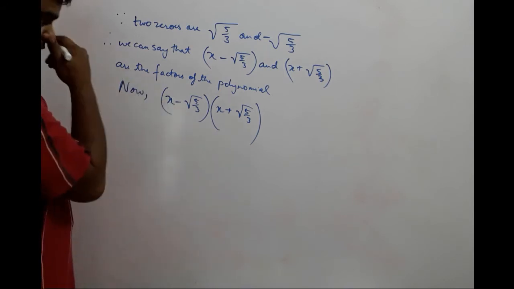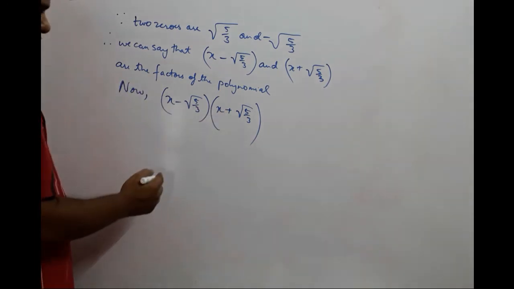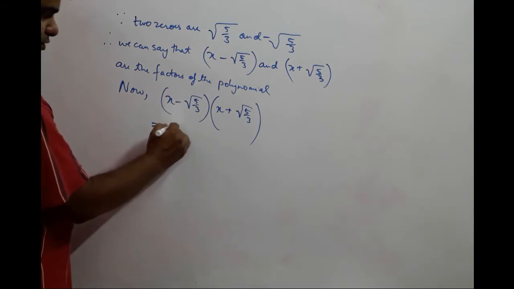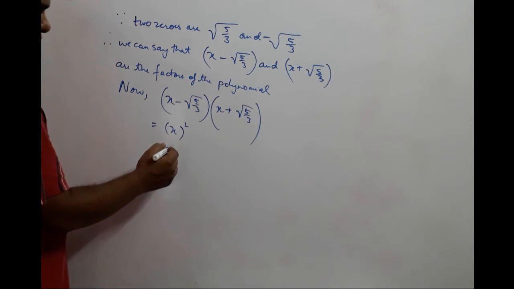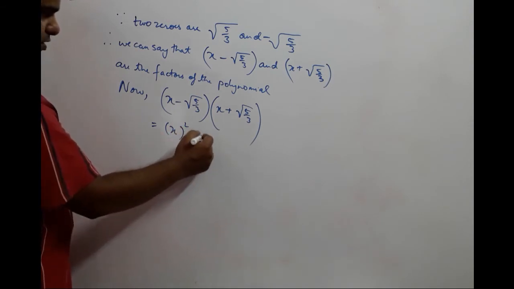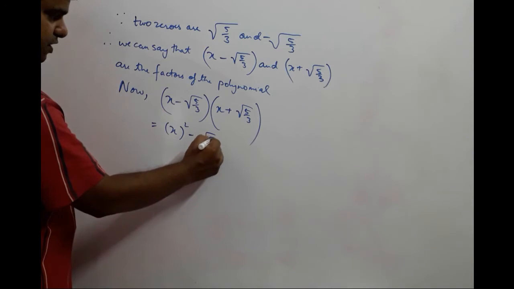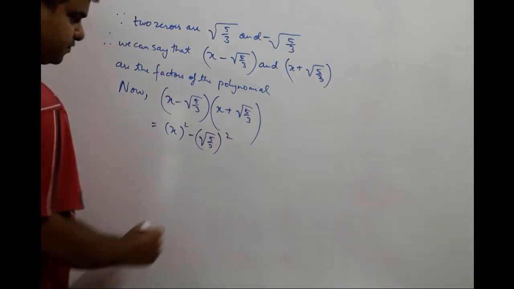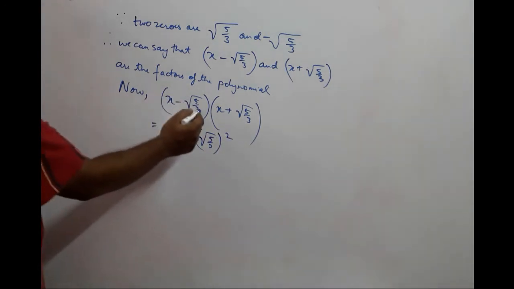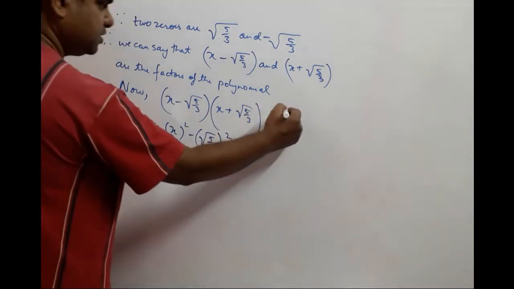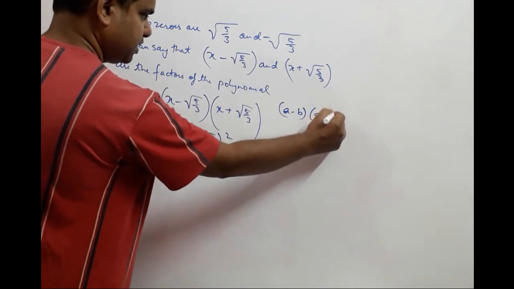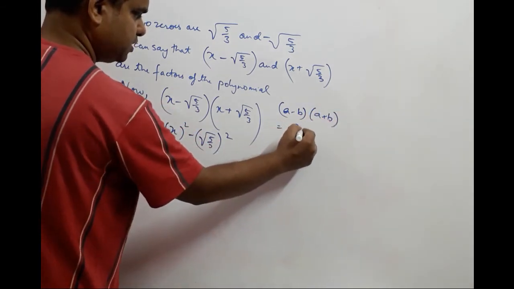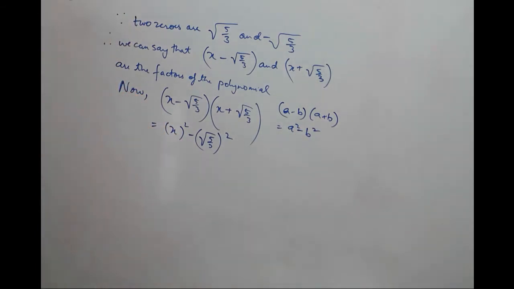This comes in the a minus b into a plus b form, which gives a square minus b square. So this is an identity.